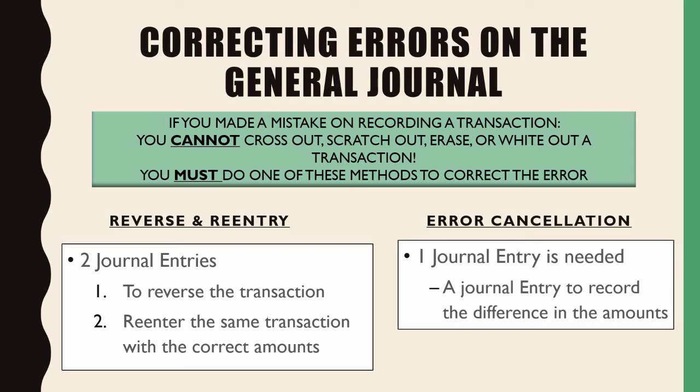You cannot be scratching out, crossing out, or taking a whiteout pen and erasing your transaction. Why? Because in the eyes of the IRS or the government, whoever is looking at your books, it's as if you're trying to hide a transaction from the government.